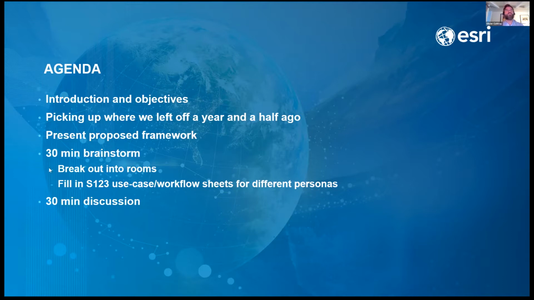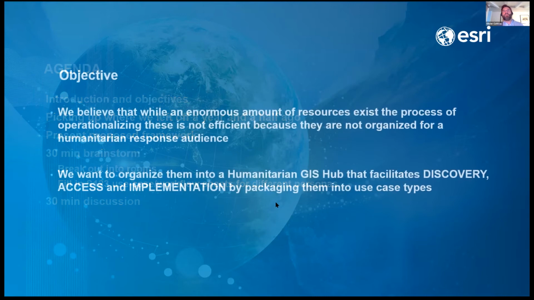So the objectives, as I was mentioning earlier today, are that while we have all of these resources out there, operationalizing them is not necessarily efficient because we have a problem of discoverability and of implementation.